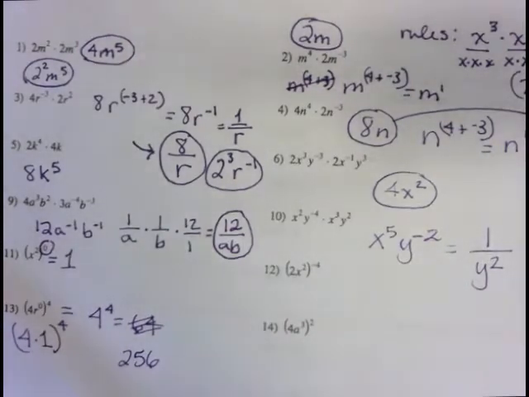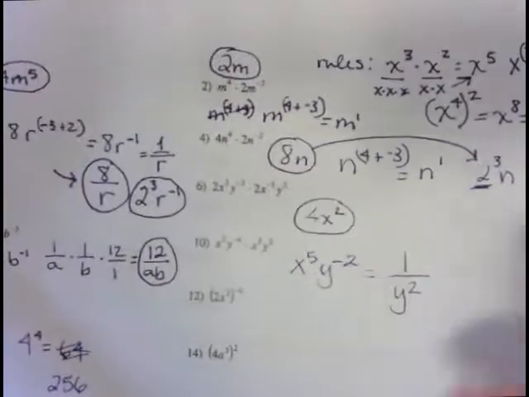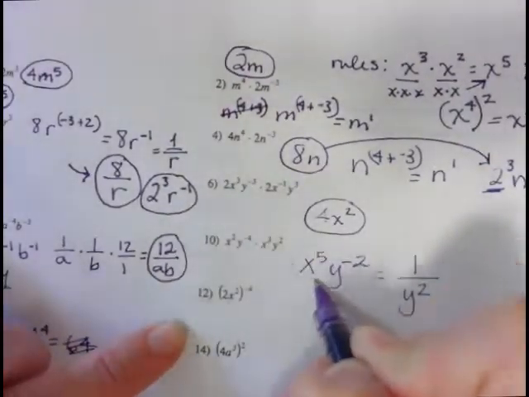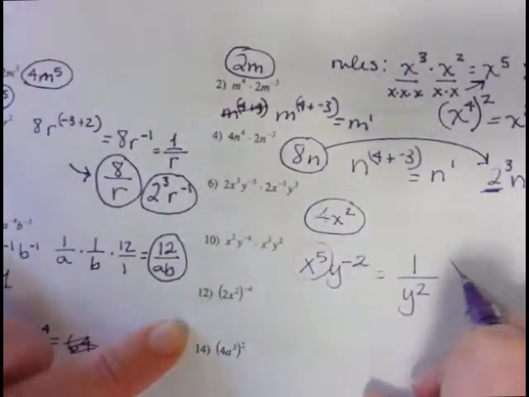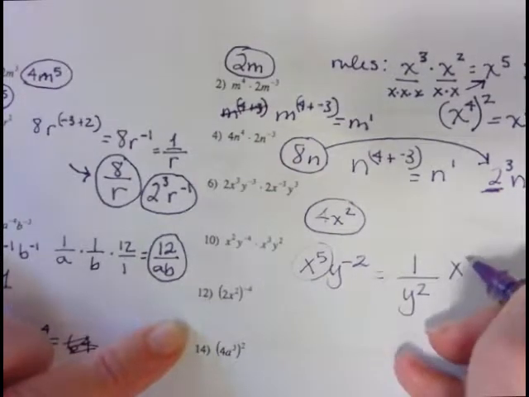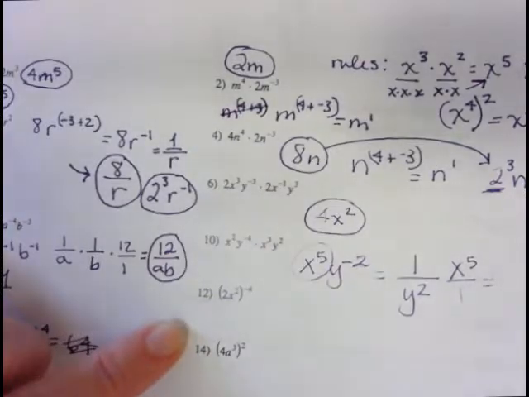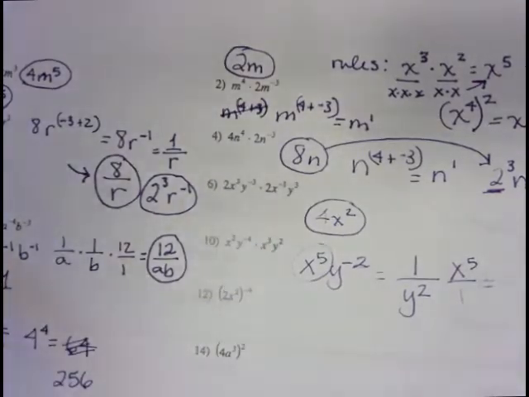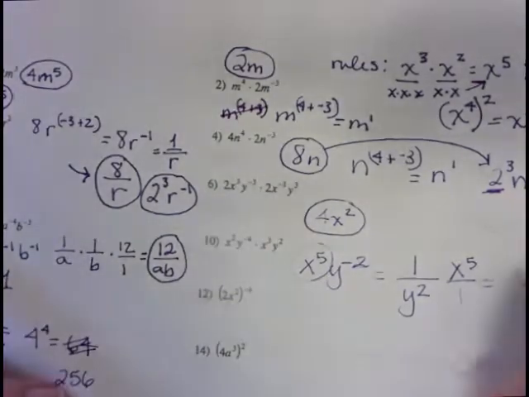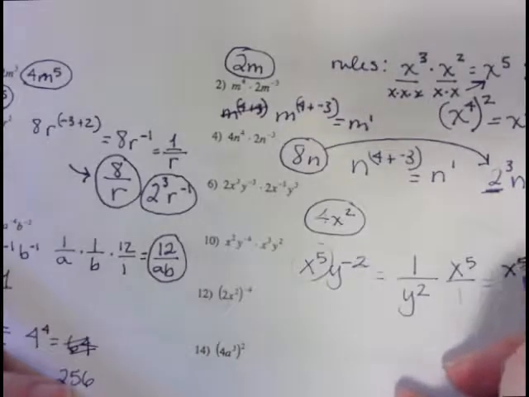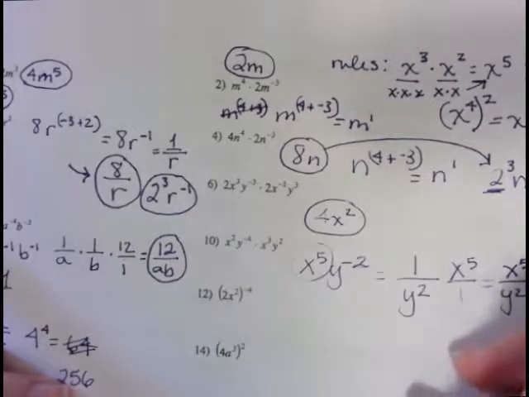Okay? How do I write this all up together? This is a positive exponent, so it stays in the numerator. So my final answer, and I'm running out of ink. Got to get a new ink. My final answer is x to the 5th over y squared.